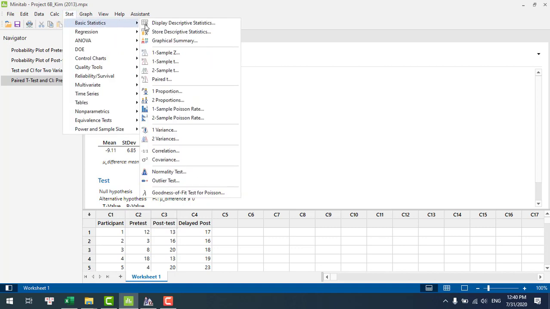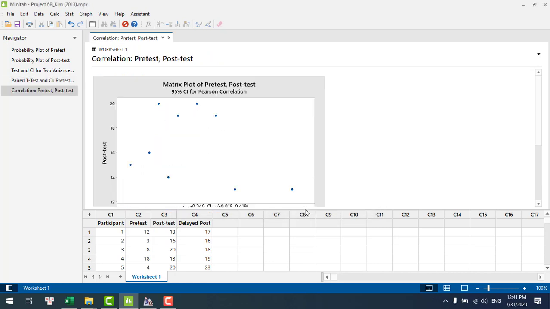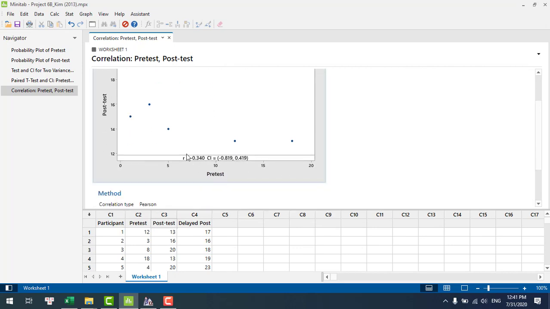So basic statistics, and here then we're going to do a correlation. And we're going to do the correlation between the pre-test and the post-test. We run the correlation, and here we're going to get an R value. Now in this case we got an R value of minus 0.340.